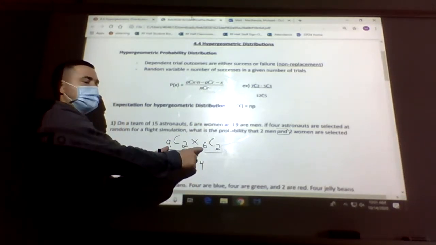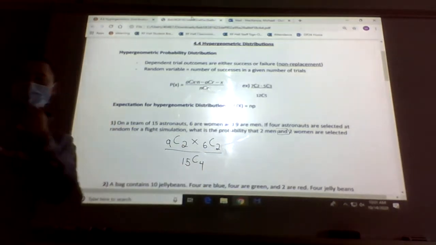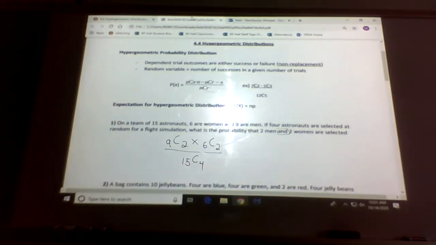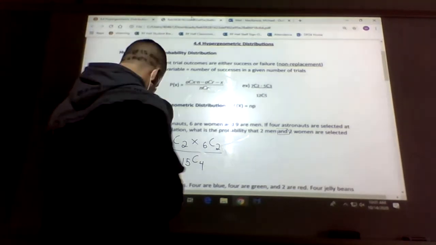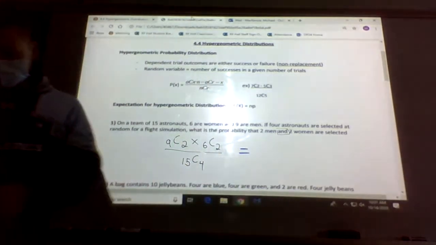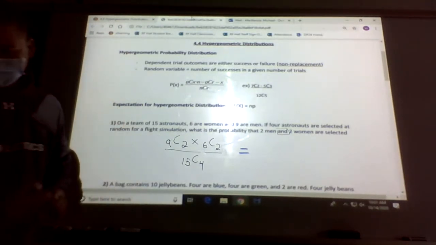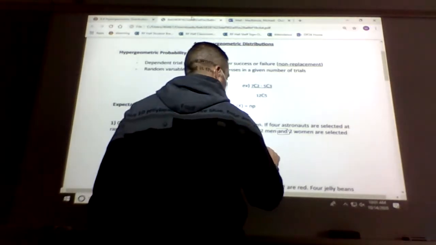So 9 and 6 is 15, 2 and 2 is 4. Now we just solve it. You get 0.4, or 40%.